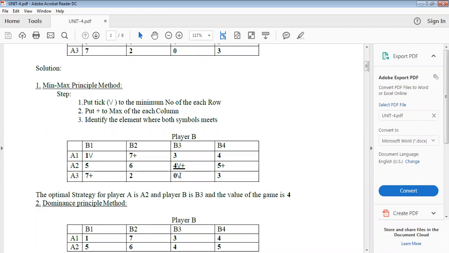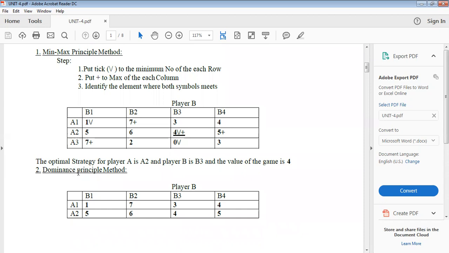In the third row, 0 is the minimum. In the first column, 7 is the maximum. In the second column, 4 is the maximum, hence it also has the plus symbol. Row wise, it is the lowest; column wise, it is the highest. And in the third column, 5 is the maximum.